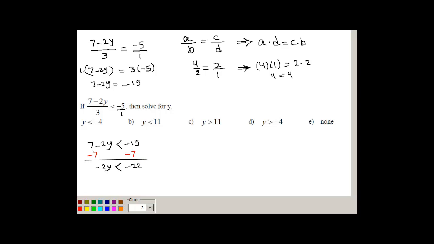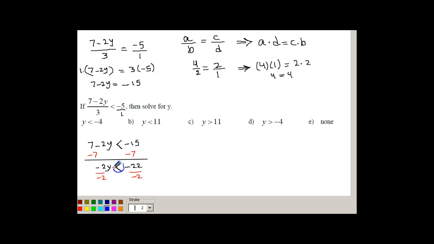All right. What do you think the next step would be, Victor, after that? We want to solve for y. You divide both sides by negative 2. When you divide by a negative, what do we do with the inequality, Victor?